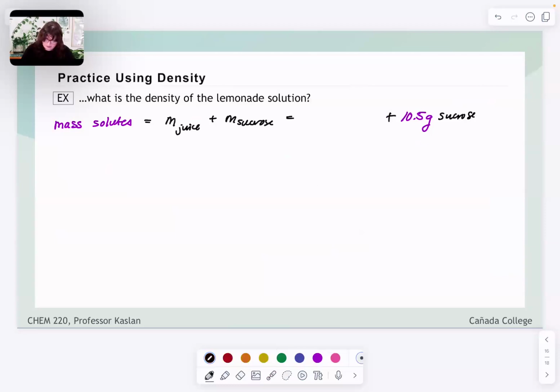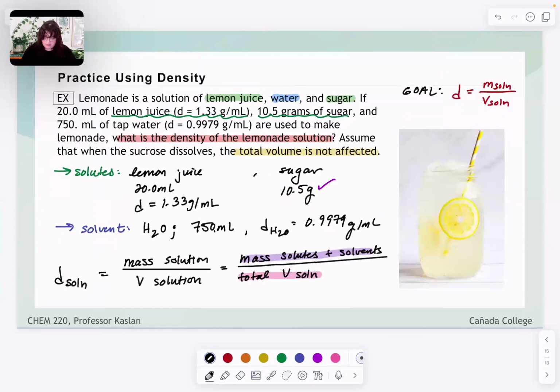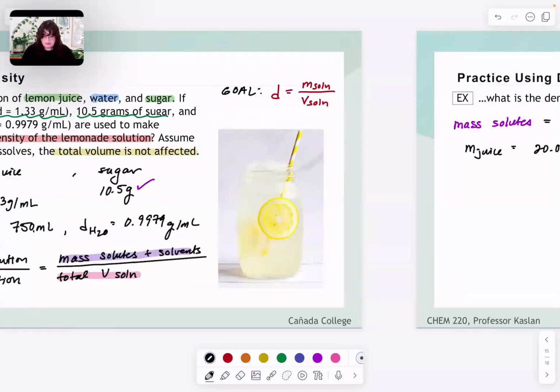So we have the mass of the juice. That was our 20.00 milliliters of juice times, using our conversion factor, our density was 1.33 grams per 1 milliliter.